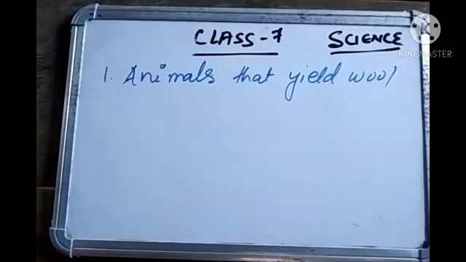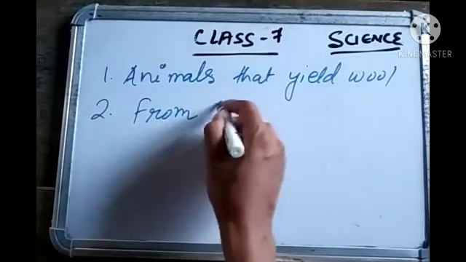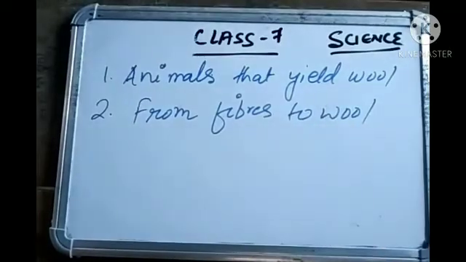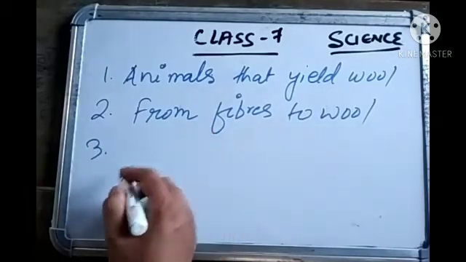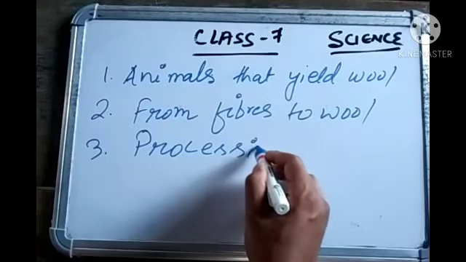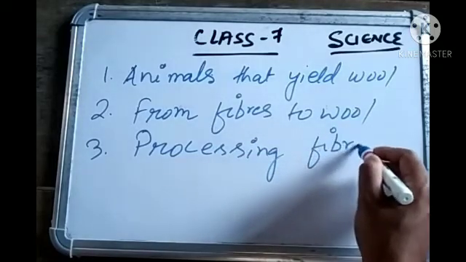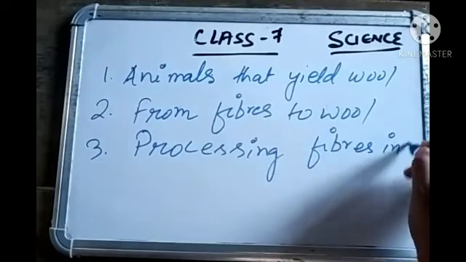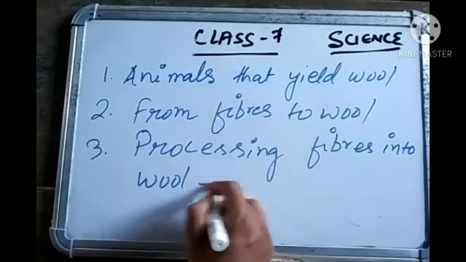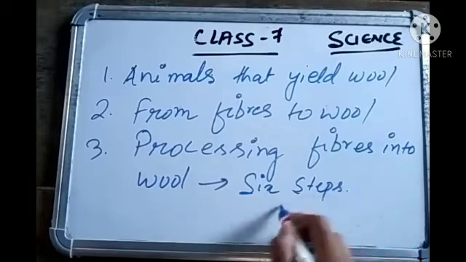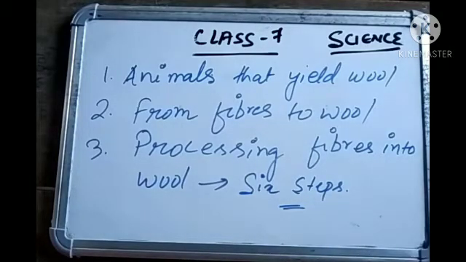The second point is from fibers to wool: how we convert fibers to wool. The third, related to the second, is processing fibers into wool, for which 6 steps are given.